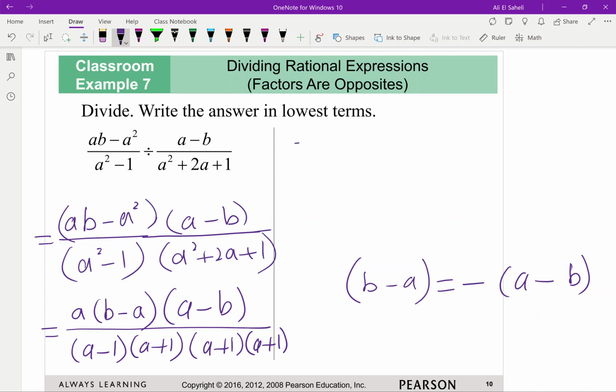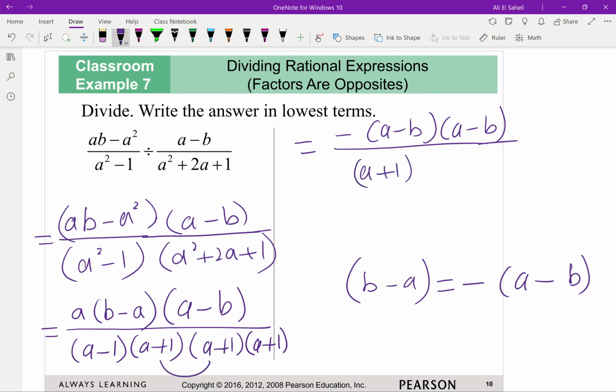So this is equal to minus a minus b, a minus b. And over here we have a plus 1 times a plus 1, and we have a plus 1, 3 of them, right? So we have 3 of them. And we have a minus 1.